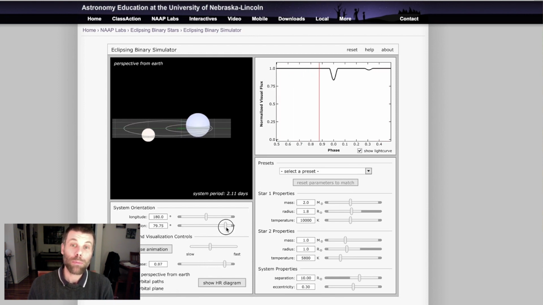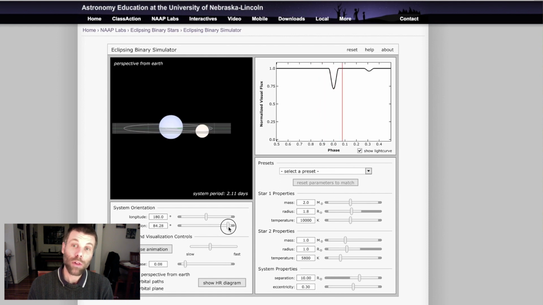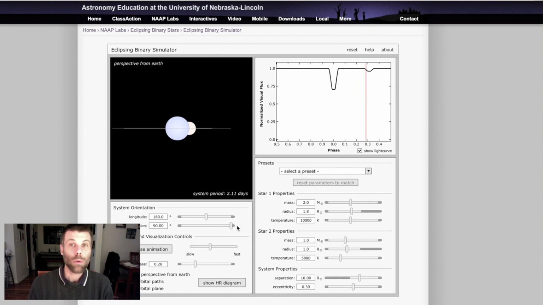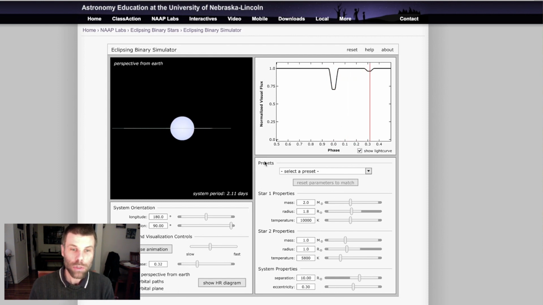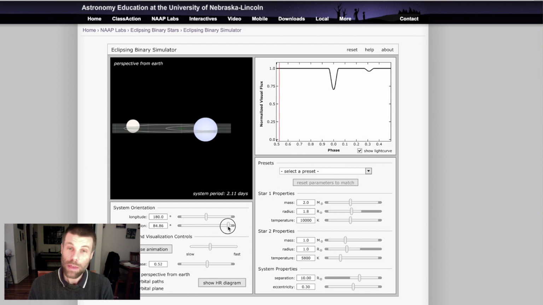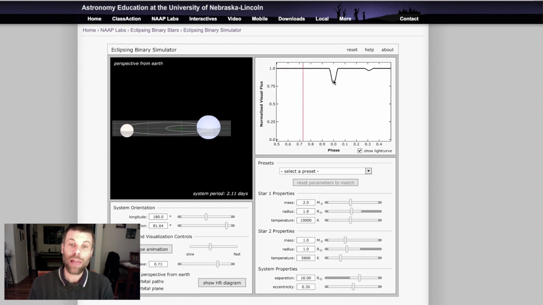And depending on the shape of those eclipses, we can tell if we're really edge-on, where we have a little bit of a flat bottom right there, and also up here, or if we're not truly edge-on but merely close, like, say, this, because we miss that flat bottom and we have a smooth curve.